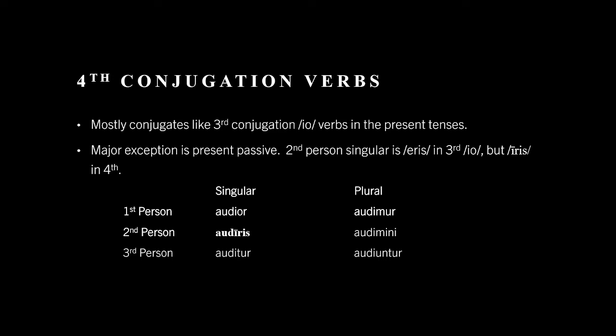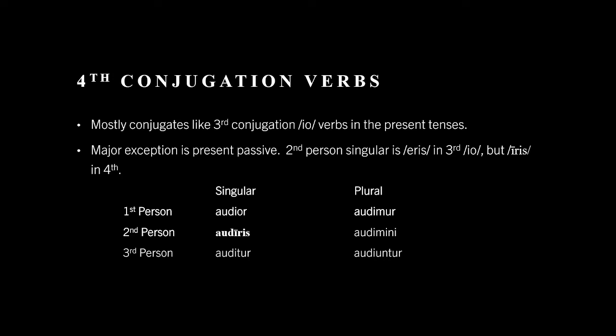So when you form the second person singular in the present, it's audiris, not audieris, like third IO does. Okay? But otherwise, you can see audior, auditur, audimur, audimini, audiuntur. That's exactly what a third IO conjugation verb would look like too. Okay? So that's fourth. As long as you know the vocab, you're going to be okay reading. Again, forming pretty much like you did for third IO.